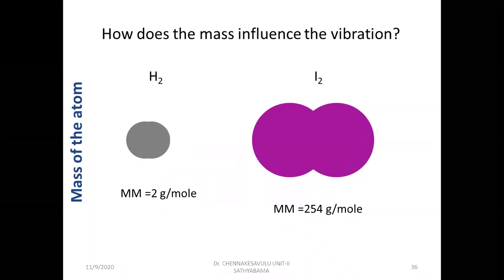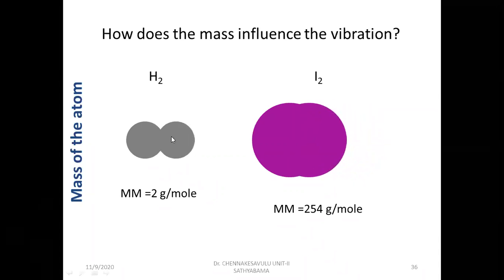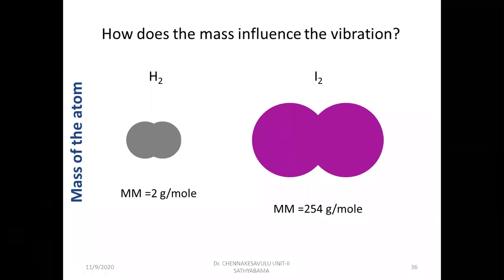What is meant by force constant here? See that two hydrogen atoms are vibrating here. Why are both hydrogen atoms moving and again coming back? Due to the restoring force. That restoring force is known as the force constant.